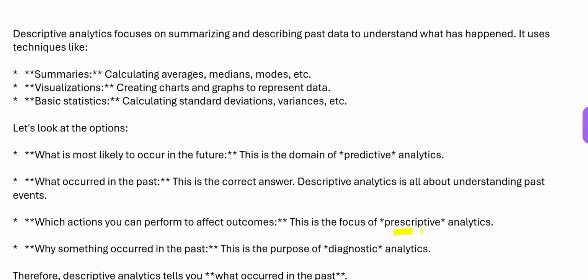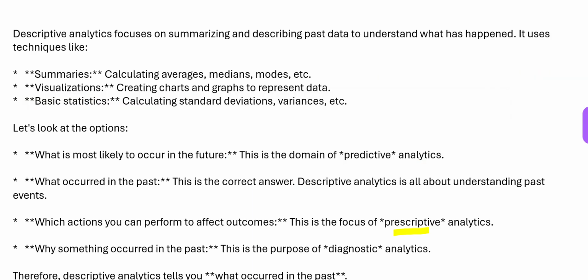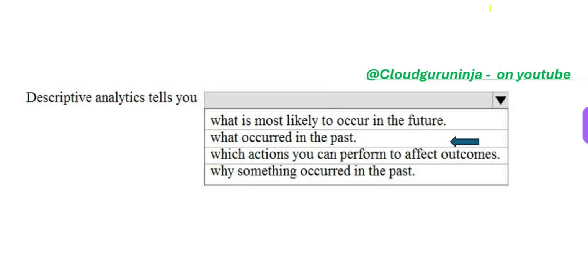You're prescribing, like I'll study 10 hours a day to score good marks and so on. You can pause this portion and read it. If you want to know why something occurred in the past, that is diagnostic.